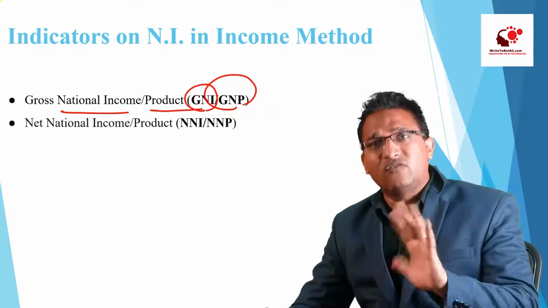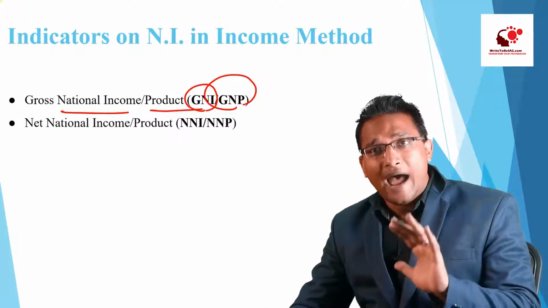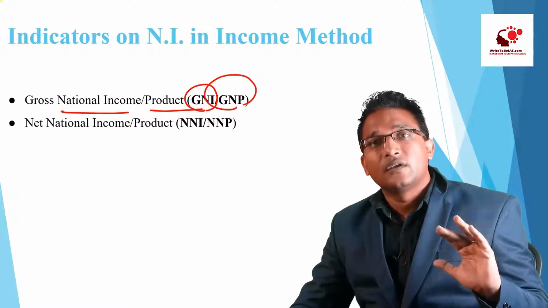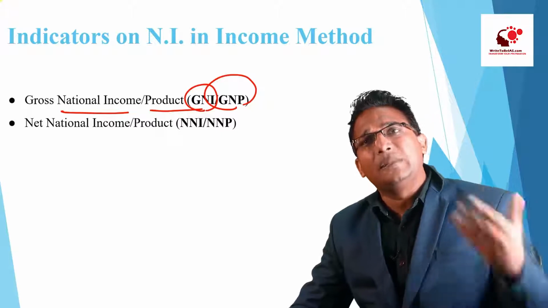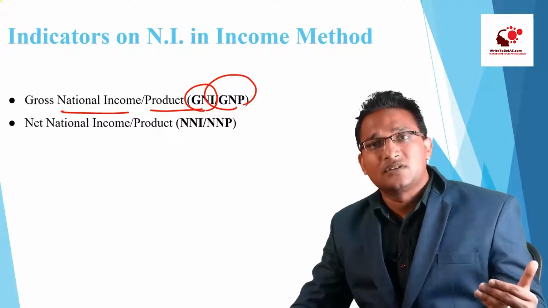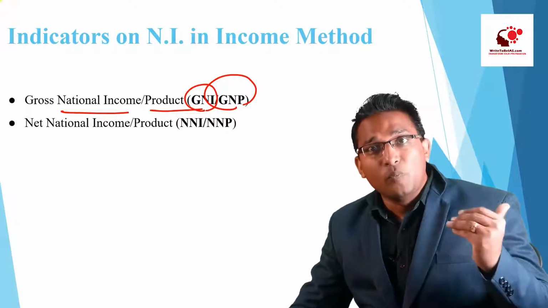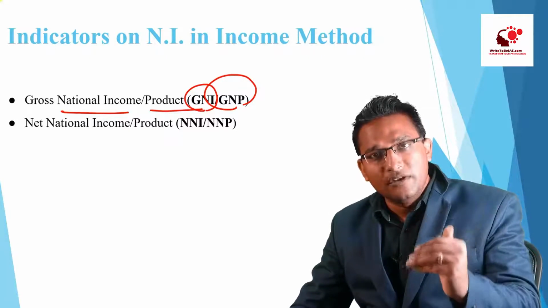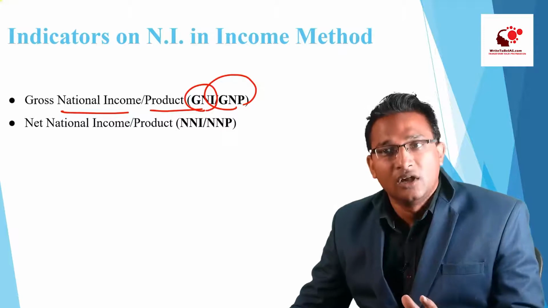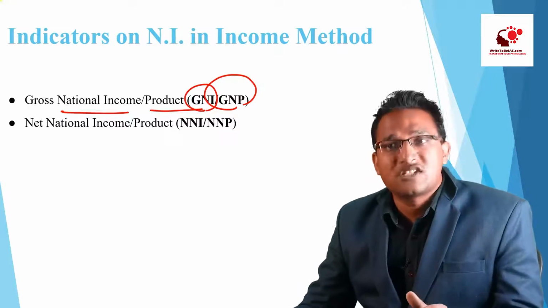We will discuss each one of them, don't worry, right? I am moving very slowly. Whatever I have discussed so far, I will repeat it multiple times. I will link it multiple times. I will go more deep into that. So don't worry, just now be focused on this particular discussion. So gross national income or gross national product.